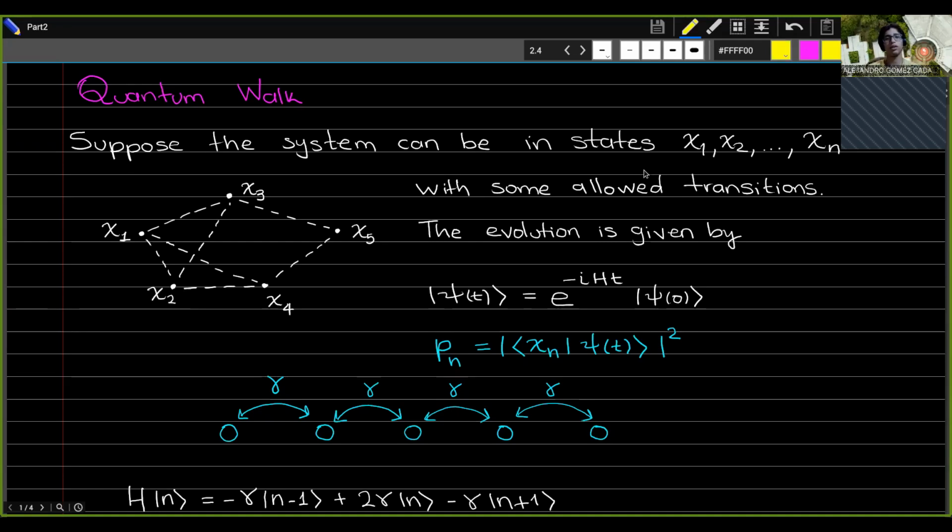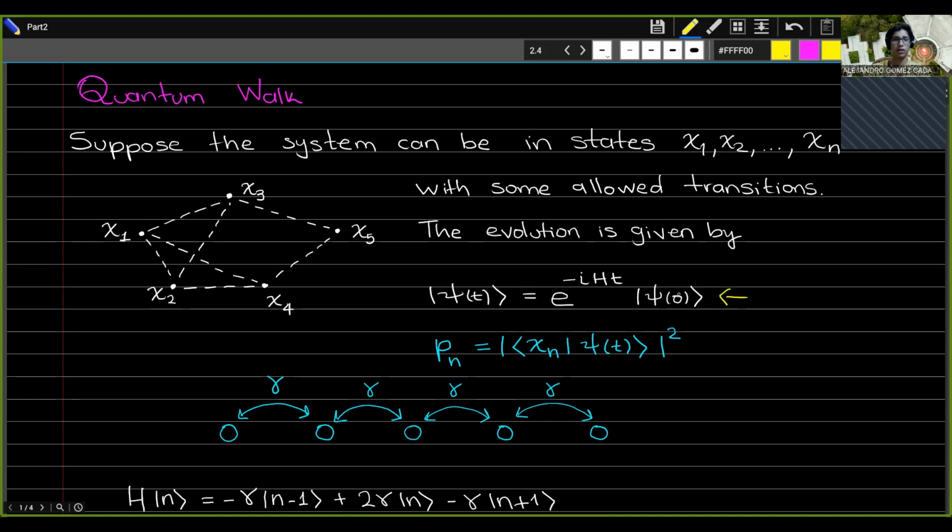So in the quantum case, the evolution is given by the time evolution operator, which is of this form, and we can compute the state at any time using this expression here.